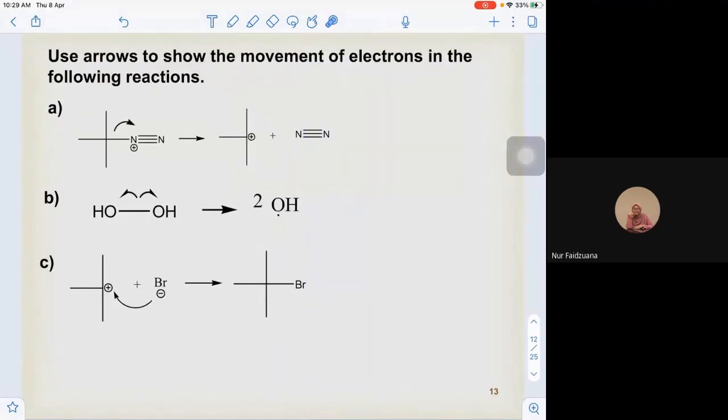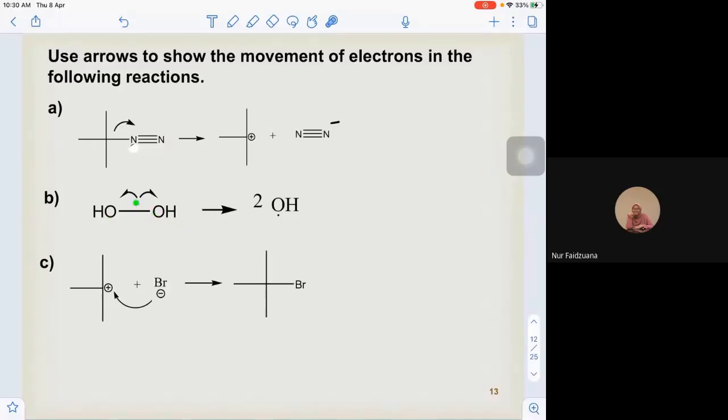As for the movement of the electrons when we have the product of the carbocation here, it means that the cleavage that occurs is heterolytic cleavage. Heterolytic cleavage occurs so that the shared electrons go to the nitrogen. This carbon turns to a carbocation, and then the N2 turns to N2 minus.